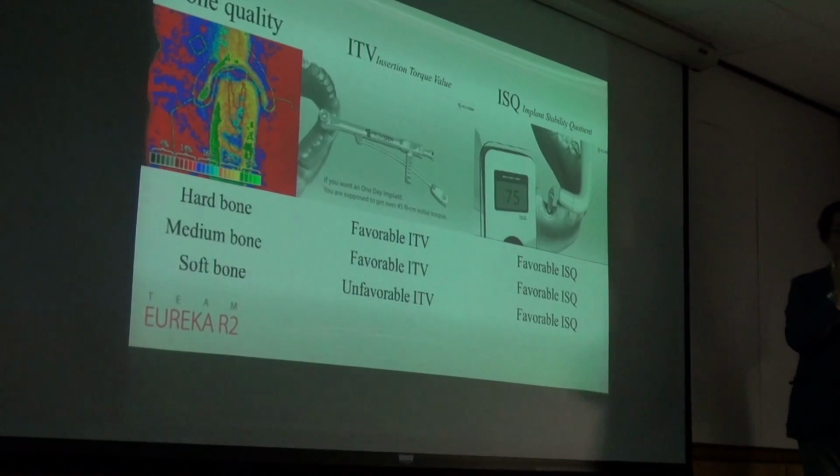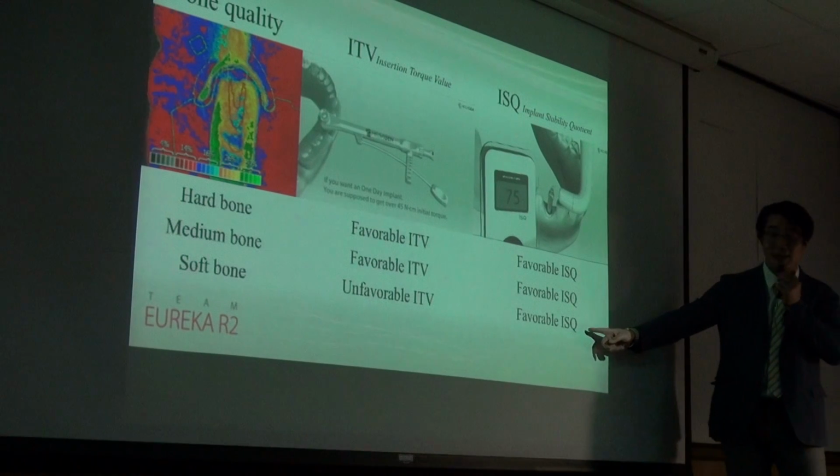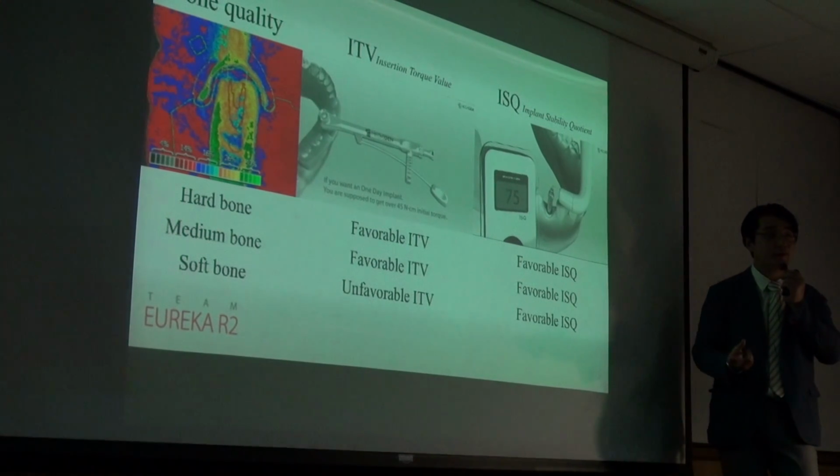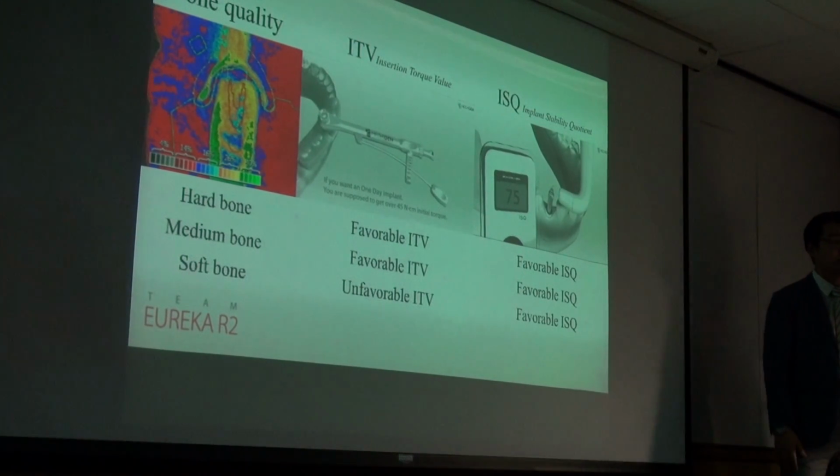But in soft bone, sometimes we see very strange things: an unfavorable ITV, but when you check the ISQ value, it sometimes shows good signs. It means that based only on the ISQ value, we cannot decide on immediate loading.